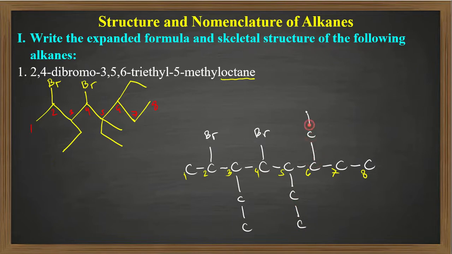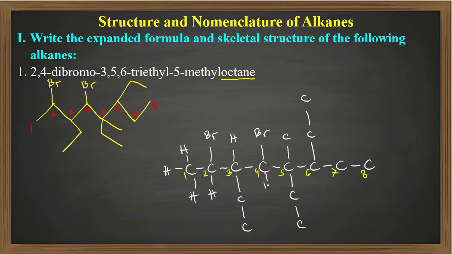Carbon. And then methyl in carbon number 5. Alright, isang carbon dyan. Then let's add the hydrogen atoms na dayon. You have hydrogen here, hydrogen. Now remember always that carbon should have 4 bonds in different atoms.